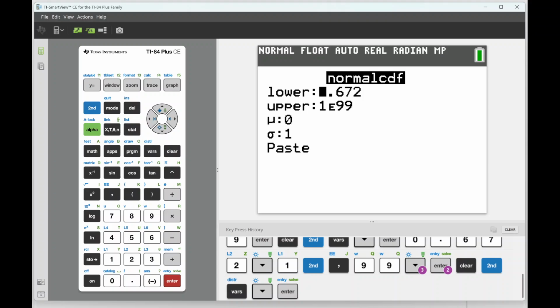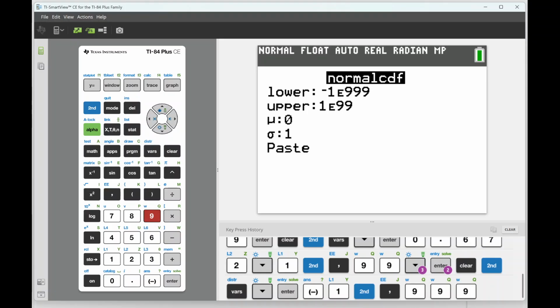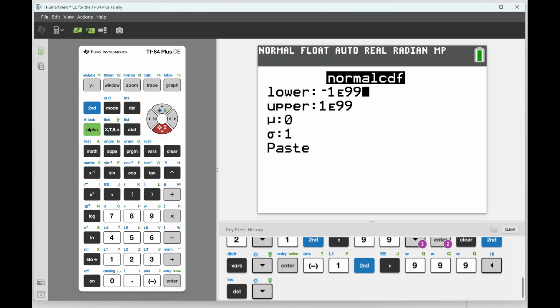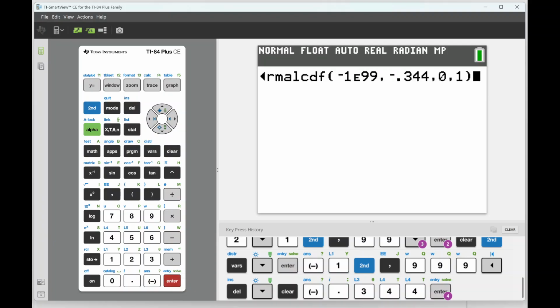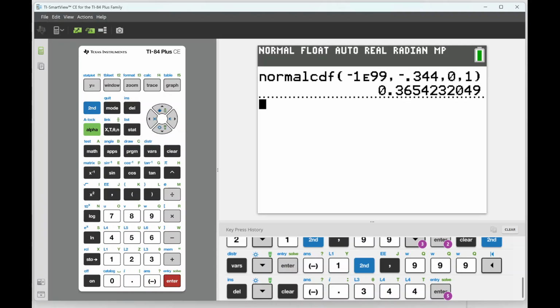Our lower bound is negative infinity, so -1E99. Oops, 2 nines there. Okay. Our upper bound is our z-score of -0.344. And we'll go ahead and paste that. And we see about 0.365 or 36.5% of the days.